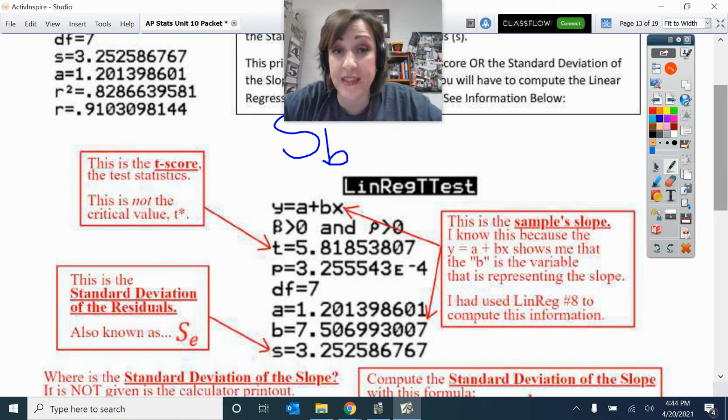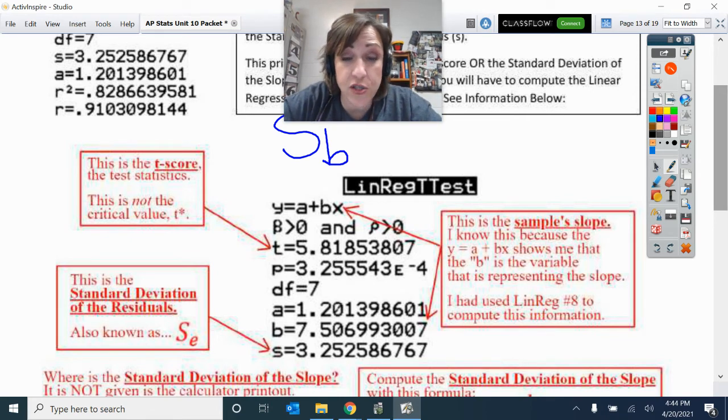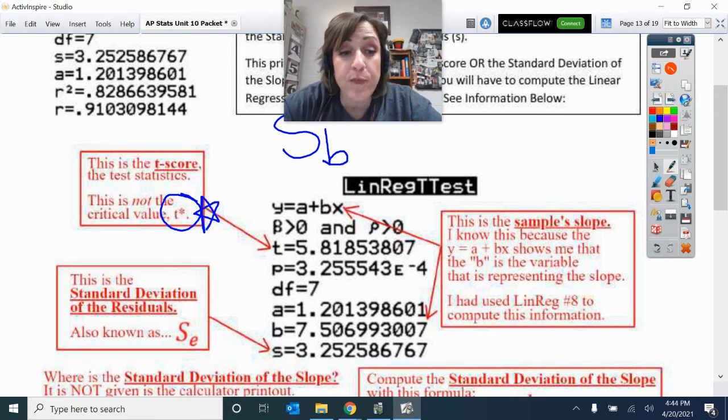Let's look at the information that provides. So that gives us a t score. Keep in mind that is not the t star for a critical value. Keep those two things straight. This t star is based off of me saying be 90% confident or whatever.